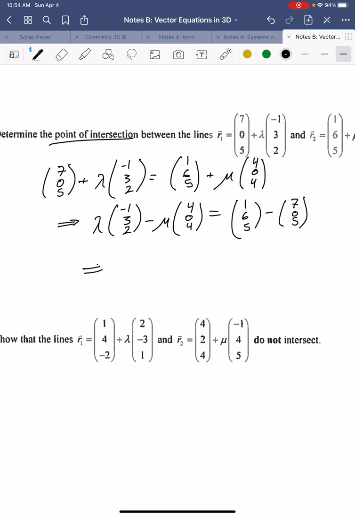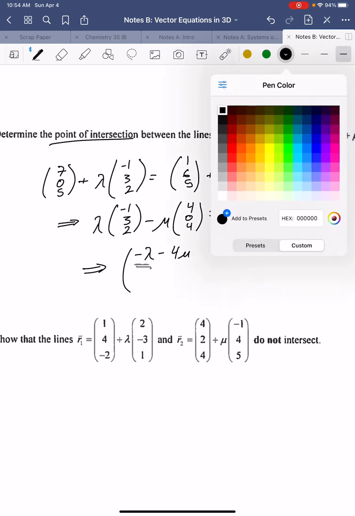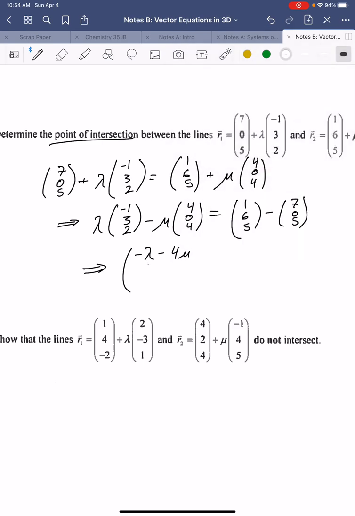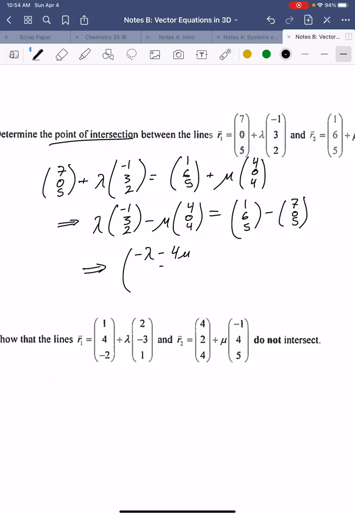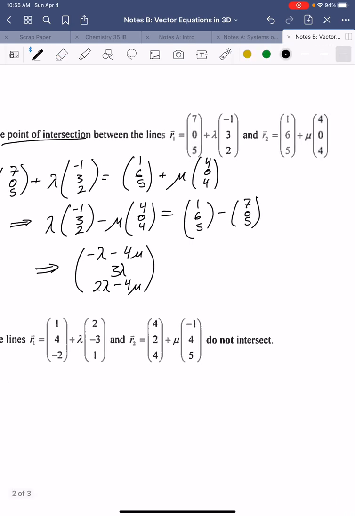So if we simplify everything, we have negative lambda minus 4 mu, 3 lambda, because there's no mu, and then 2 lambda minus 4 mu, and that all equals (-6, 6, 0).